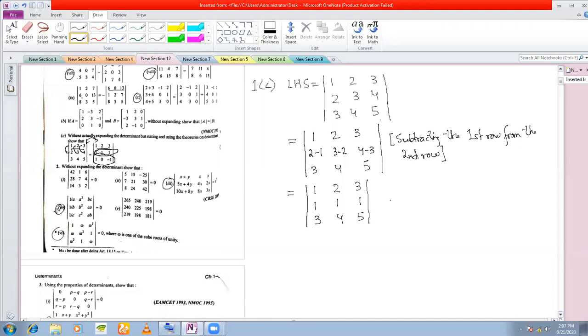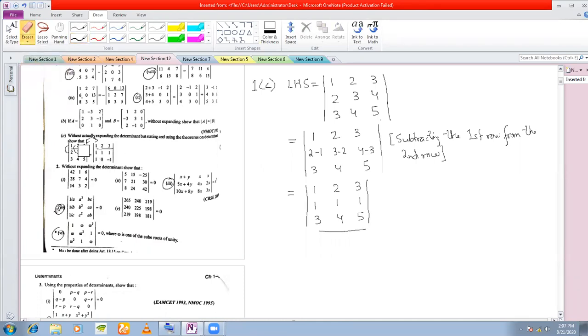See, the first two rows I have matched, right? The first two rows are matching, but only this row is not matching, because I have 3, 4, 5 here in the third row, and I need 1, 0, minus 1. So how will I bring 1, 0, minus 1? I have 2 minutes left.